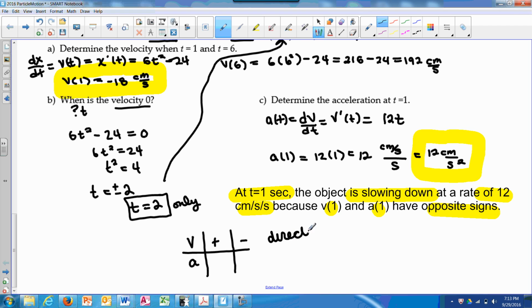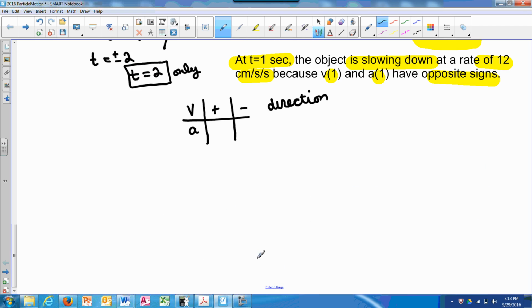Now 216 minus 24 is 192. We are still doing velocity, which is still a change in position over a change in time, so it's still centimeters per second. That means at some point in time, between time 1 and time 6, we stopped moving to the left and started moving to the right, and we're actually going quite a bit faster now.